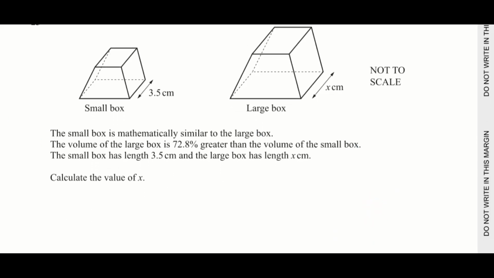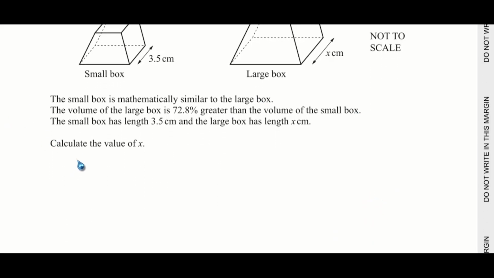So we need to find 72.8% of the volume of the small box plus the volume of the small box.